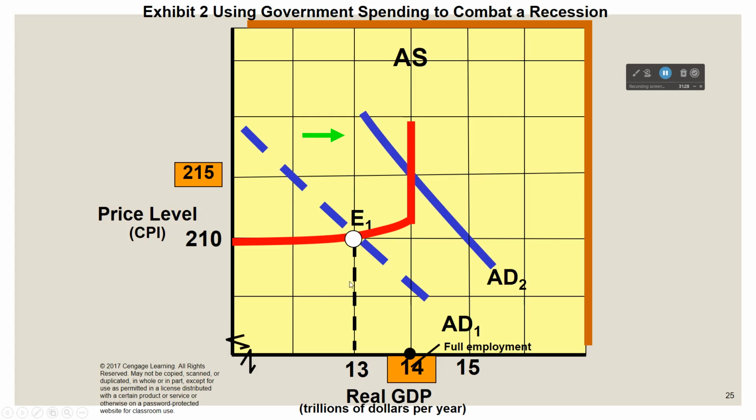The economy goes from being in a recession, where we're only producing $13 trillion worth of stuff, over here to this new aggregate demand curve on the aggregate supply curve, where output is 14 trillion, and that's in this little economy here, full employment. That's the best they can do. Price levels go up from 210 to 215. Output goes up from 13 to 14 trillion dollars in real GDP.